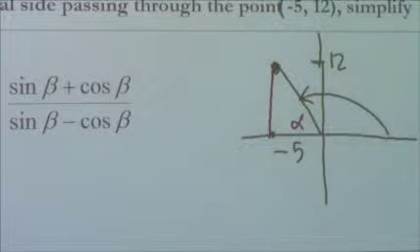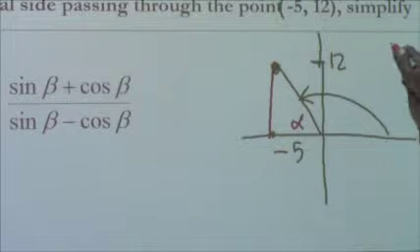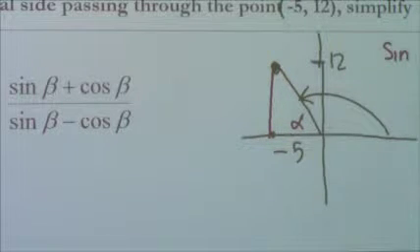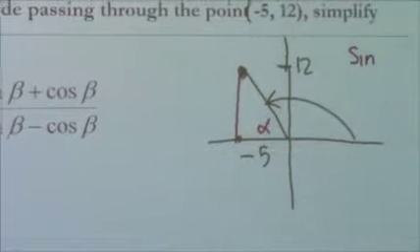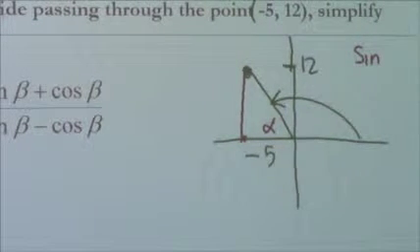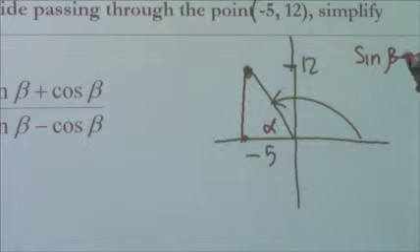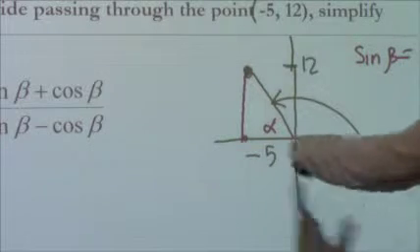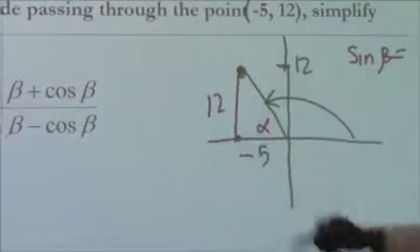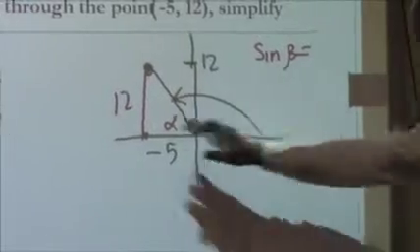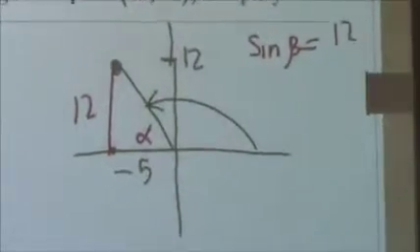Now, how do I find the sine of this angle? The sine of this angle alpha is going to be the same as the sine of beta when we take into consideration the sign. So sine of beta will be equal to the opposite, which is 12. And again, we've done this already.